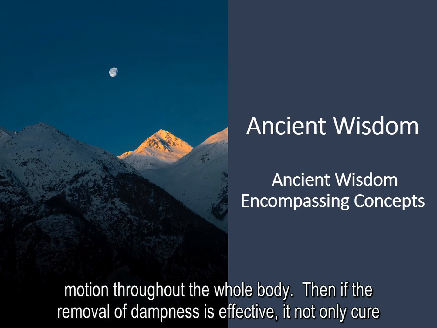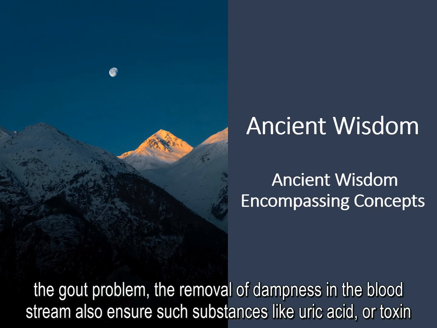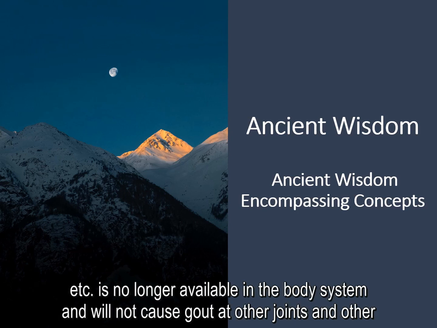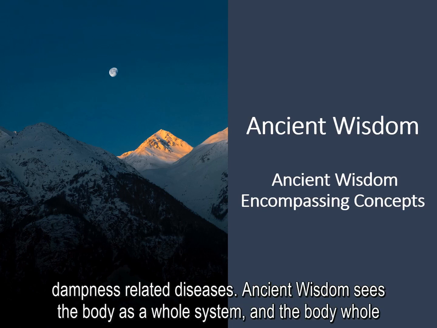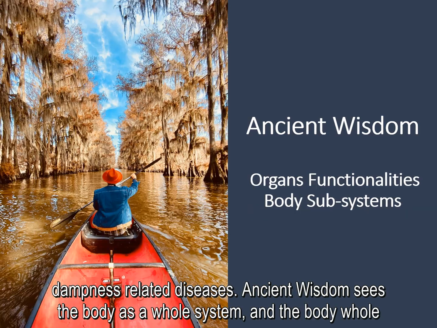Then, if the removal of dampness is effective, it not only cures the gout problem, the removal of dampness in the bloodstream also ensures such substances like uric acid or toxin, etc. are no longer available in the body system and will not cause gout at other joints and other dampness-related diseases.